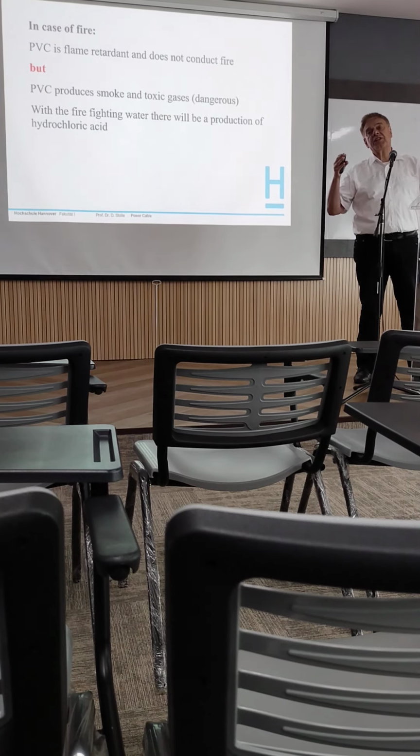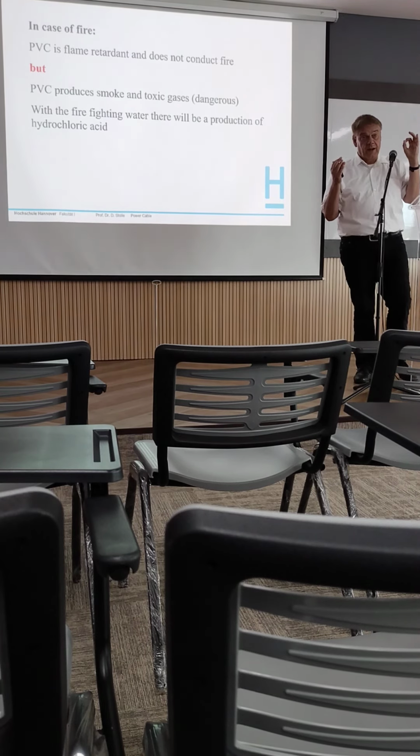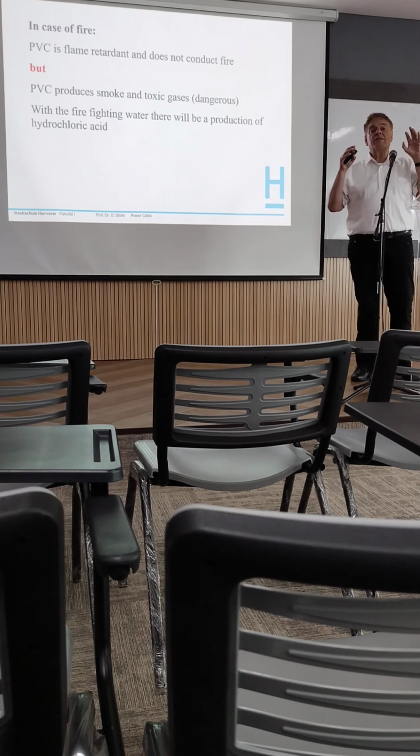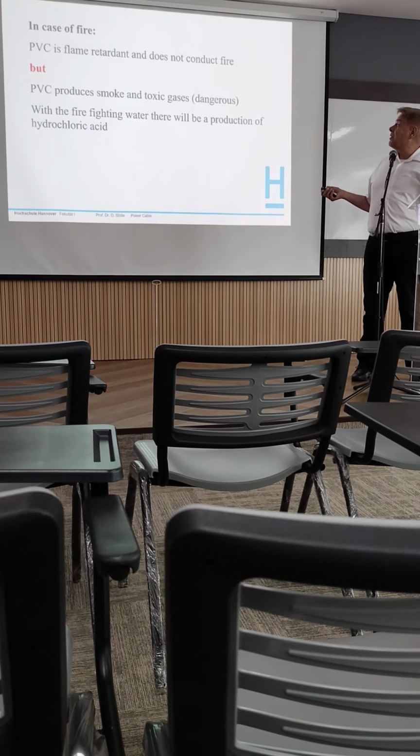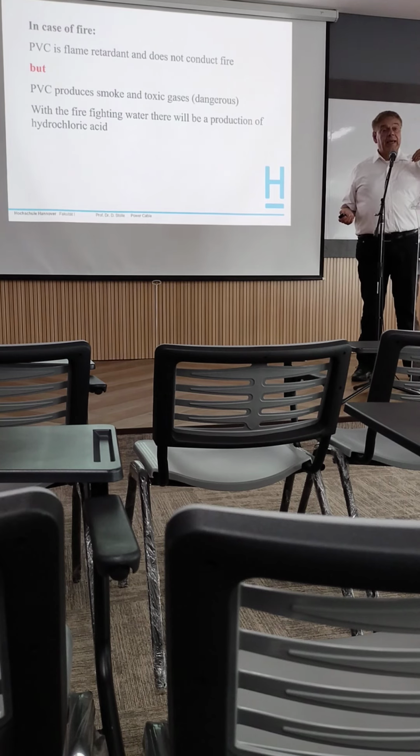So when you decide on a material, you are the one who has to keep in mind and check what will happen in case of fire, because as an engineer, you are always responsible for safety. So what happens in case of fire if you use PVC? PVC is flame retardant and does not conduct fire.